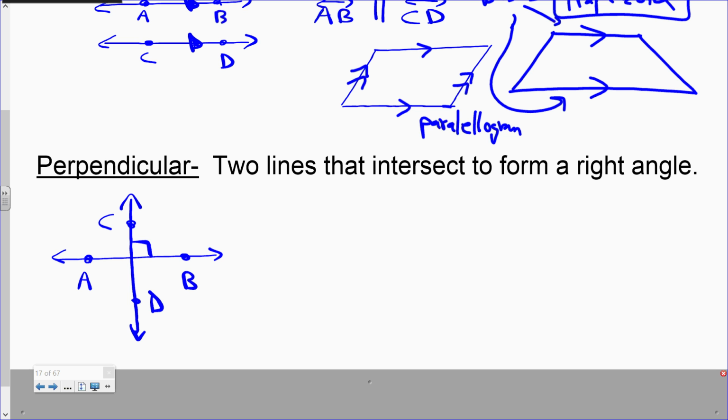And look at the statement I'm going to make. Line AB is not parallel with CD, it's perpendicular. Look at the symbol for perpendicular. It's like an upside down T. Line AB is perpendicular to line CD.